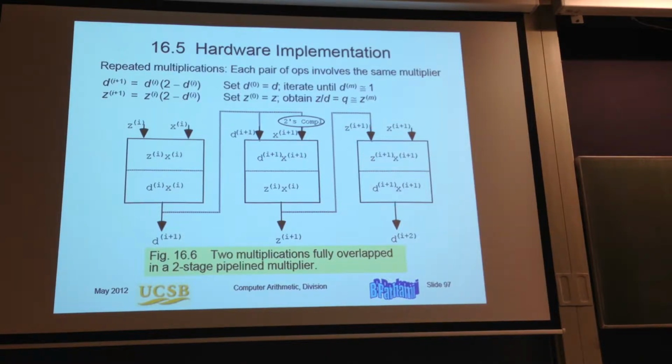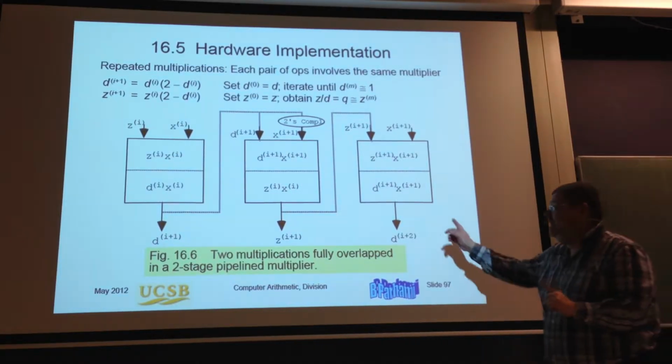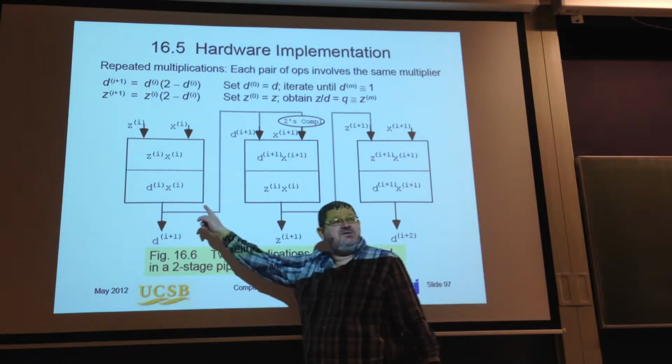Now, this is a picture which you have to treat in a kind of different way. This is telling you that, essentially speaking, you can use one multiplier and not three. Those are not three multipliers.